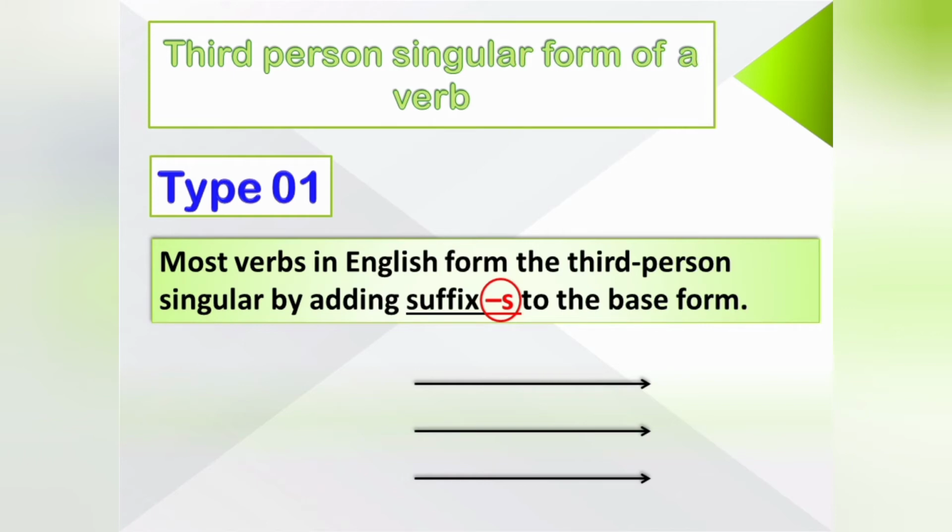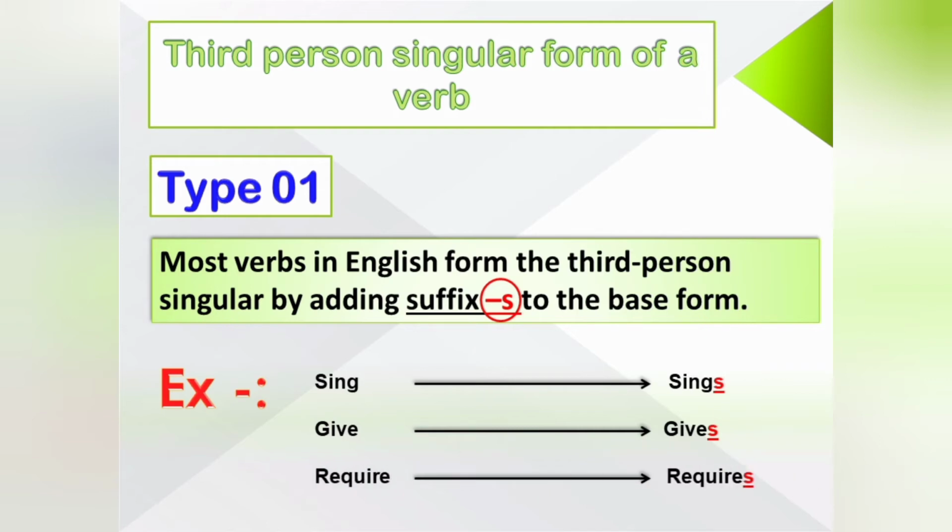Look at these examples. First one, sing changes to sings. Give changes to gives. As well, require changes to requires. This is the first type of third person singular form of a verb. Let's move to the next type.